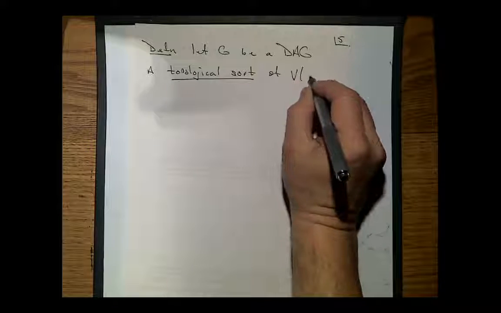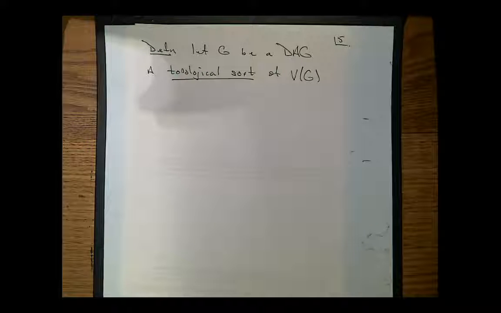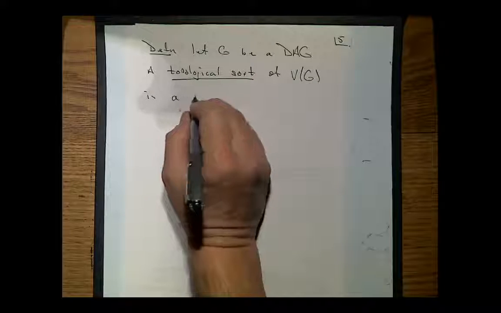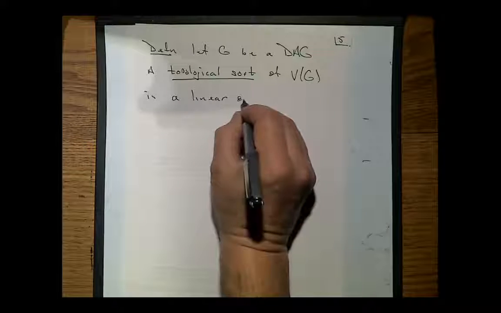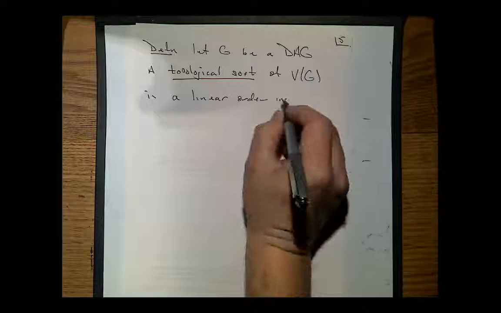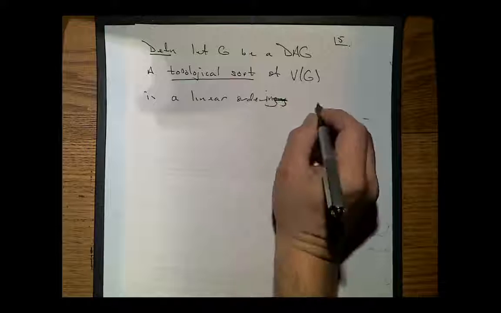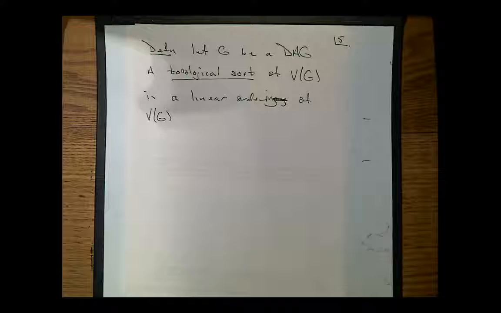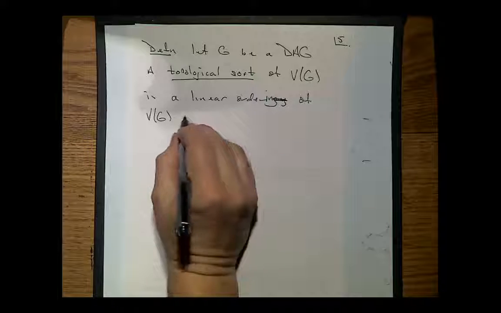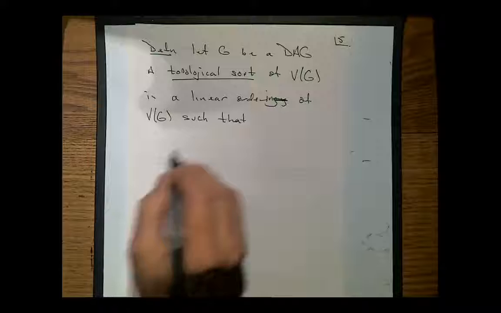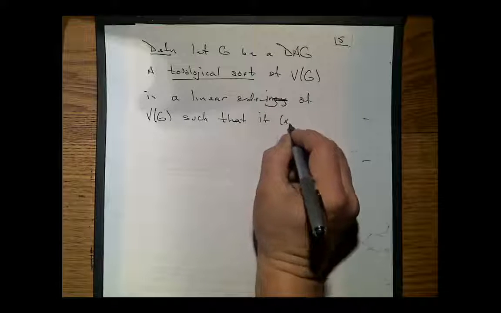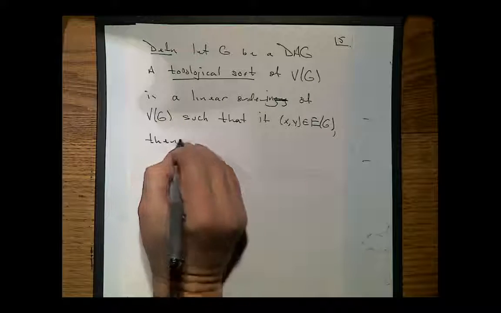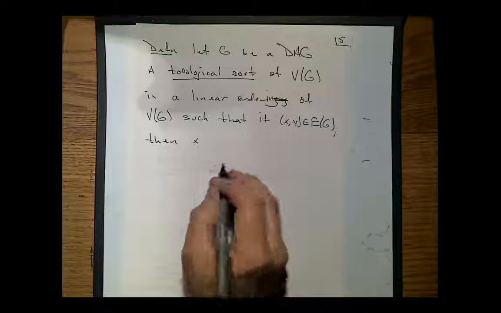The vertex set of G. A topological sort of the vertex set of G is a linear ordering of the vertex set such that if xy is a directed edge in G, then x comes before y in the ordering.